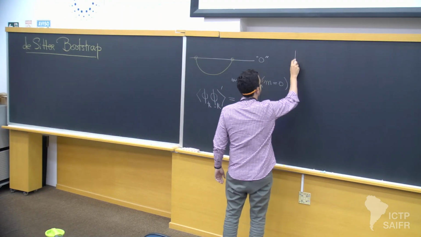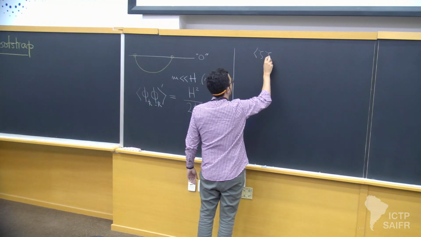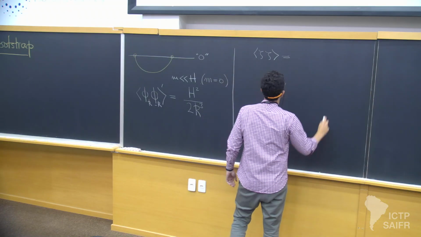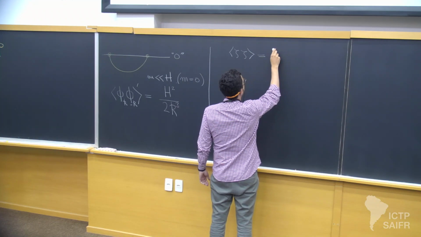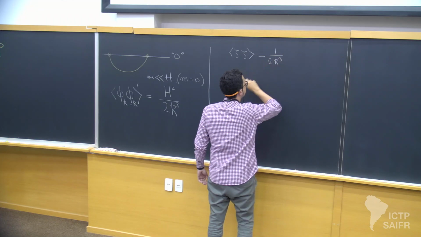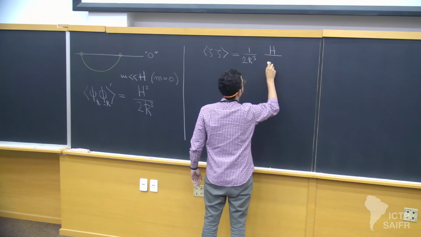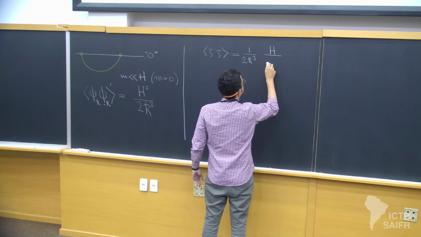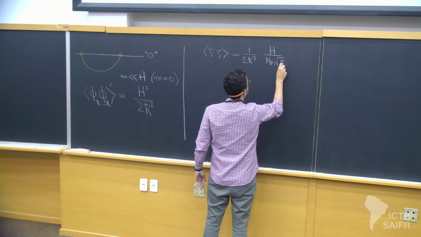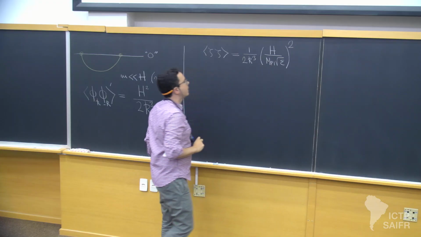So the curvature perturbation has pretty much the same two-point function. The only difference is that it's in some units, and so there's this 1 over 2k cubed here. It comes from scaling variance, but it's a dimensionless quantity, so what appears here is H divided by M Planck root epsilon, squared, okay?